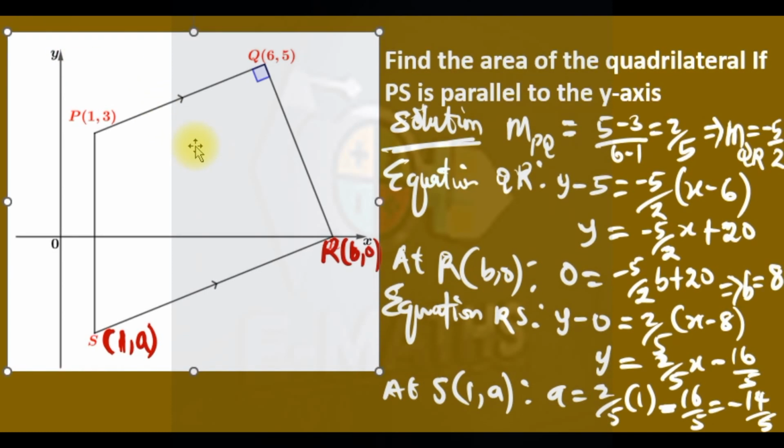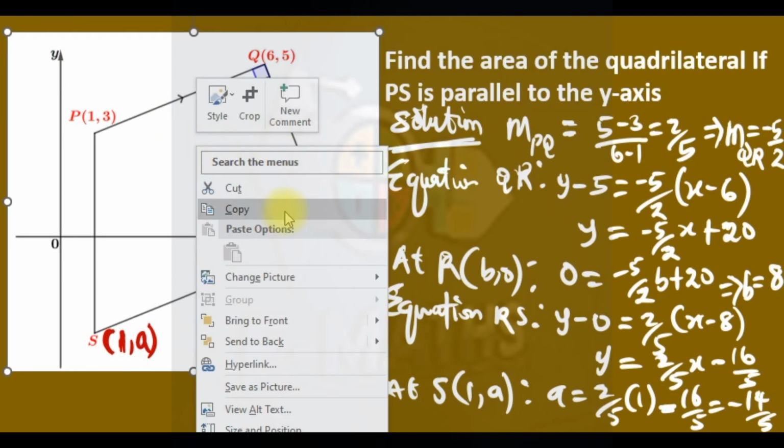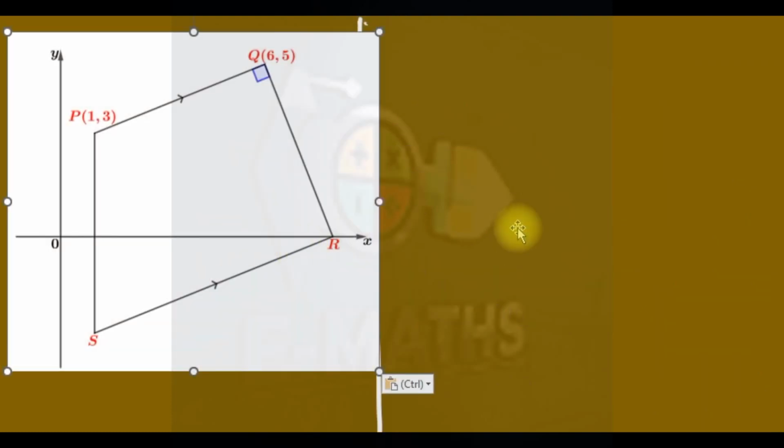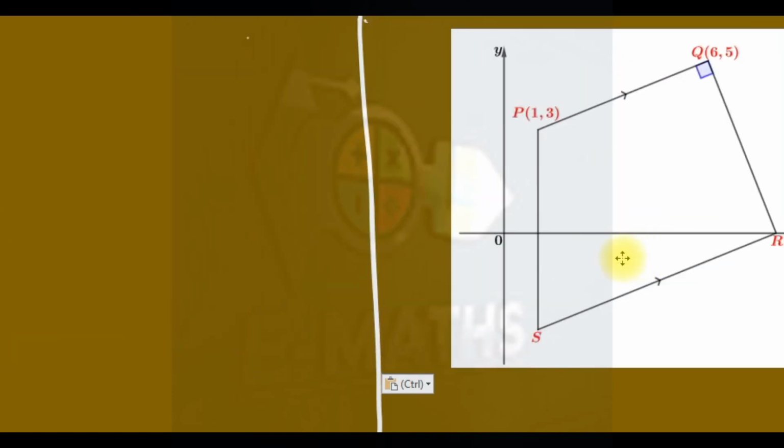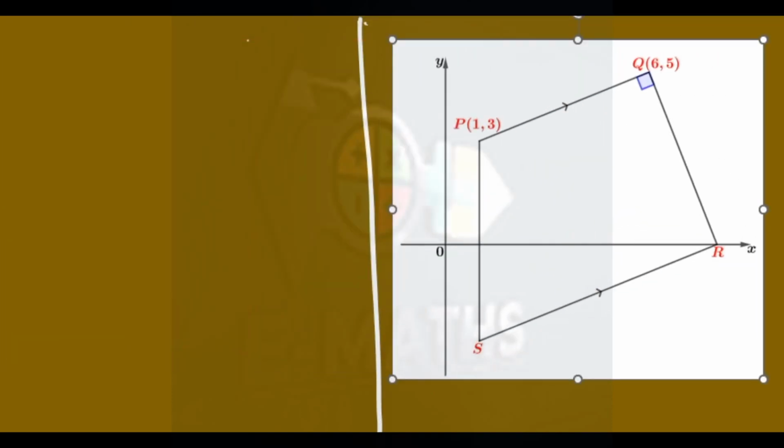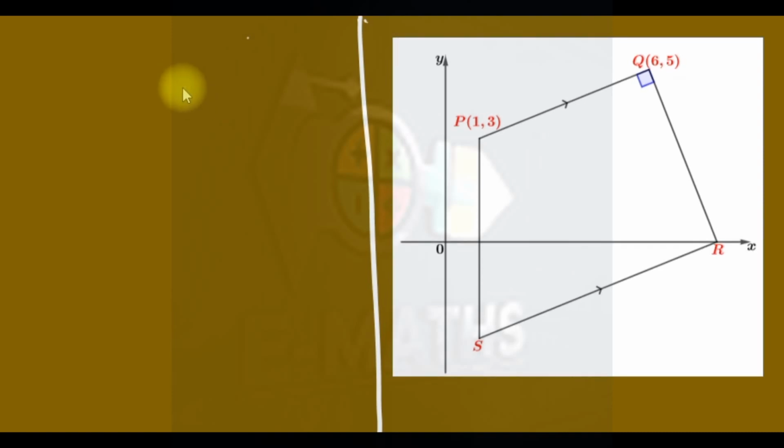Okay, let's just copy this so that it will be easy for us. We've known the value of, so PQ is equal to the square root of, using the distance formula, 6 minus 1 all squared plus 5 minus 3 all squared.